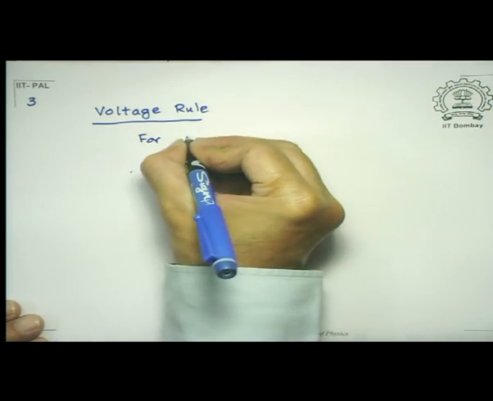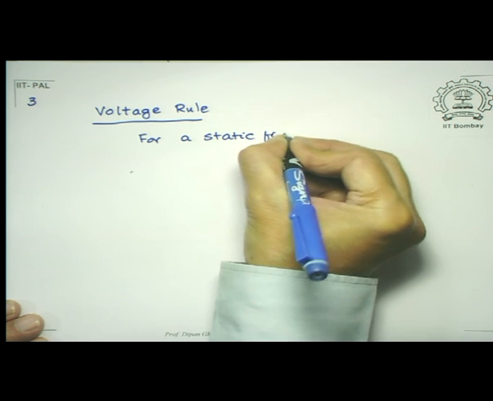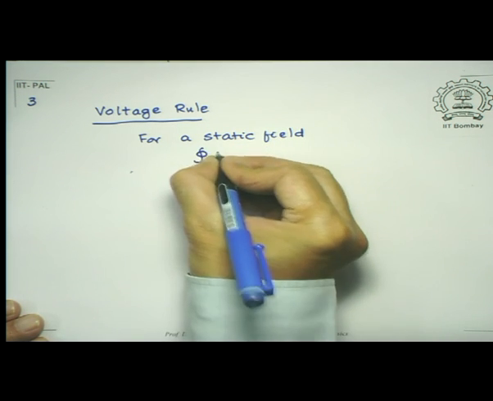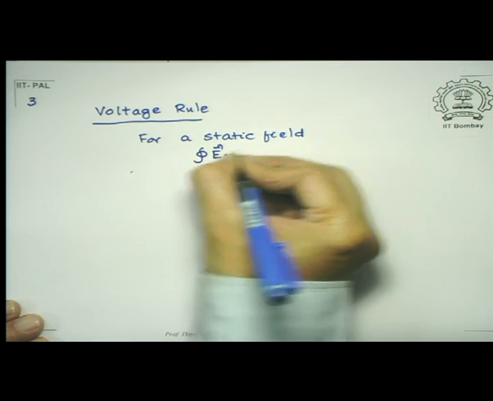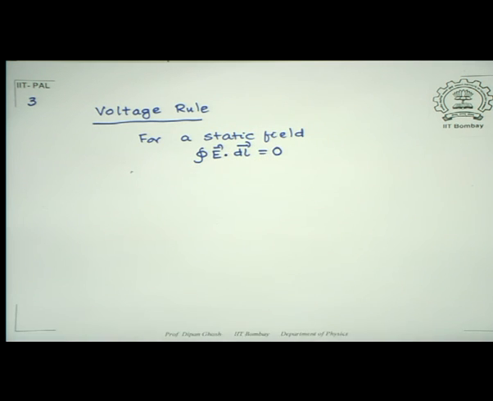Basically, the origin of the voltage rule comes from the fact that for a static field, this we have repeatedly talked about, the closed integral of E dot dl is equal to 0. So the net EMF, if you recall, integral E dot dl was defined as my EMF.